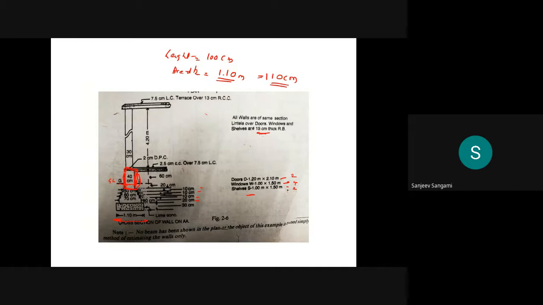See, he has given here it is 4.2 meters. So up to here we did the calculation, that is plinth wall. Then above we have the superstructure, that is 4.2 meters. He has given it, you can directly take it, no problem.